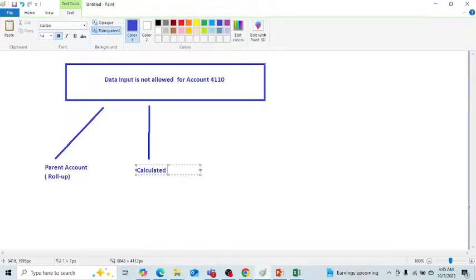Since its value is a sum calculated by the software, direct data entry is blocked to prevent errors. You should never manually enter a number into a field that the system is supposed to calculate automatically.